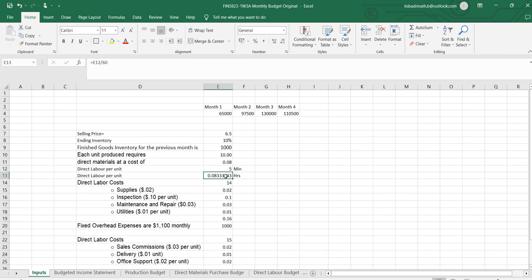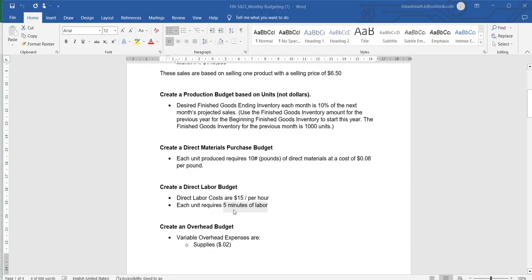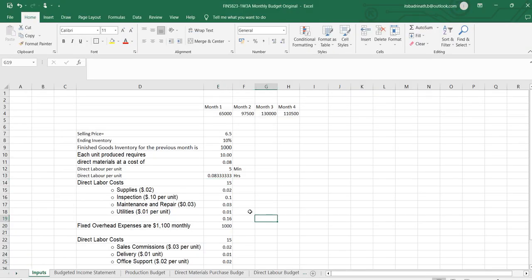And for each hour, the labor cost is given here, 15 something. I put in 15. So for each hour, it is $15.